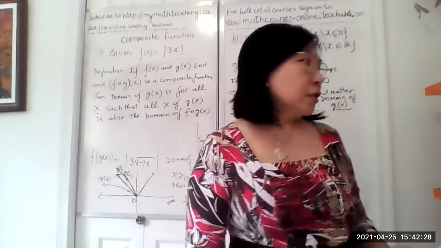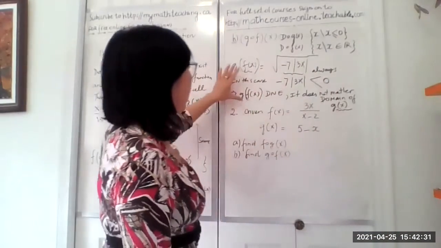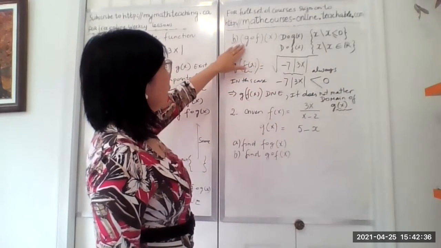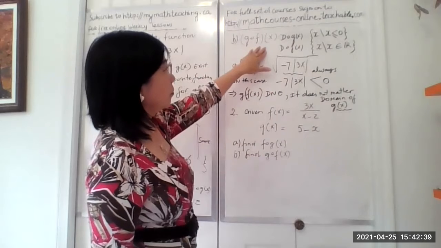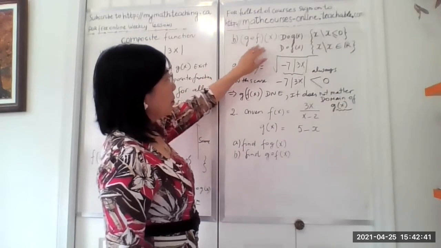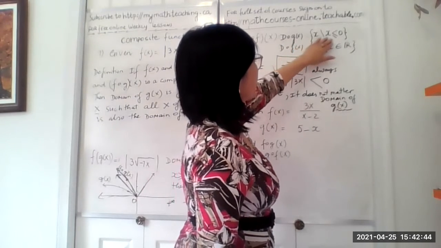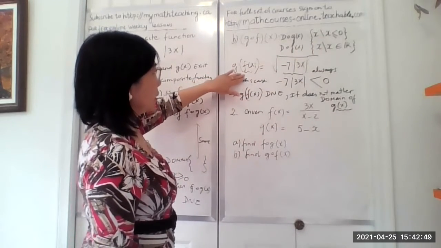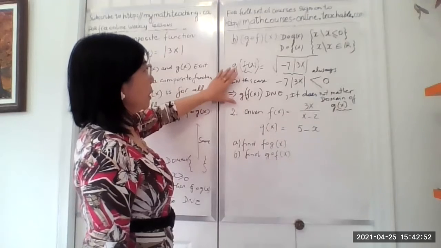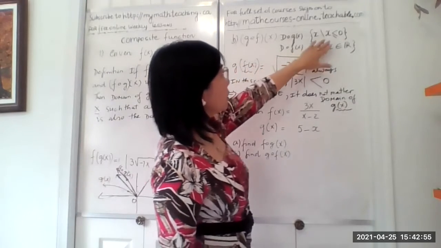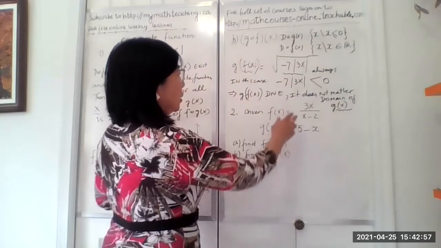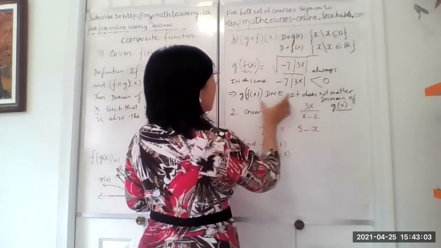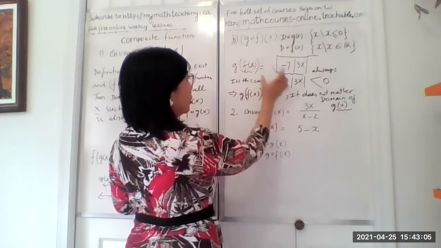Basically it is the same as the statement I wrote on the board, but stated in a better way. So in this example, it doesn't matter that we have an outer function g of f of x and we state the domain of the outer function, which is x has to be negative. It doesn't matter whether the domain of g of x exists or not. What matters here is the inner function.